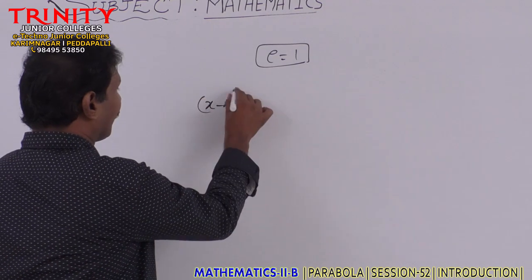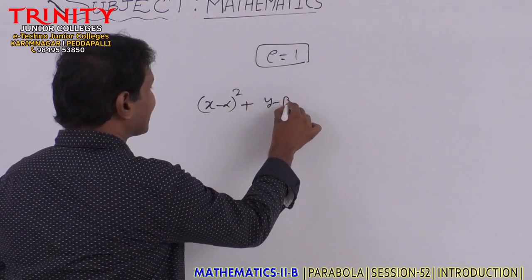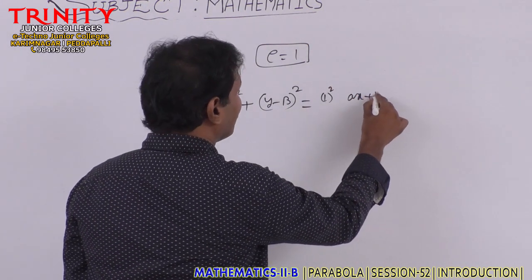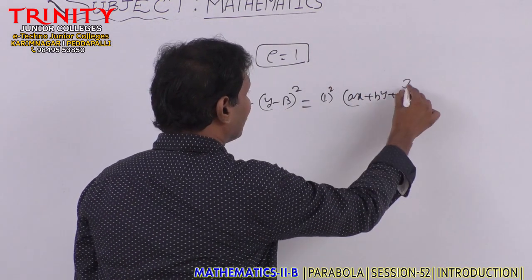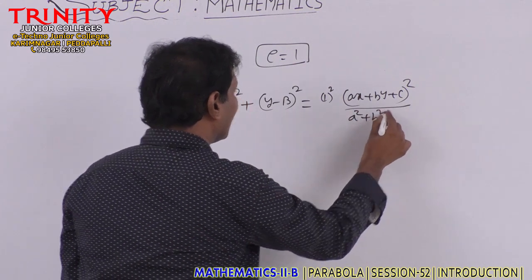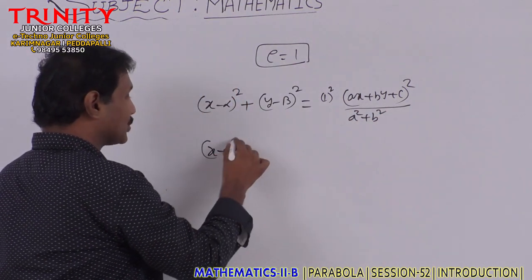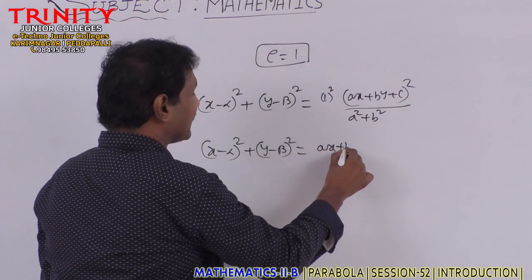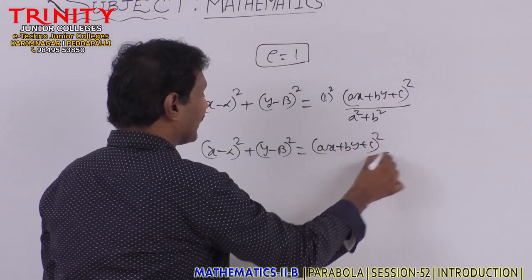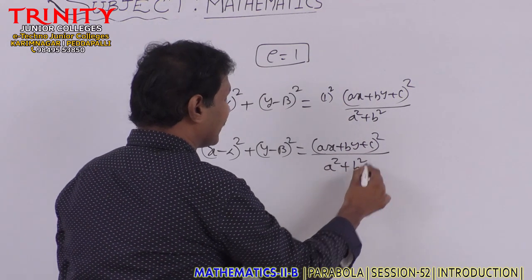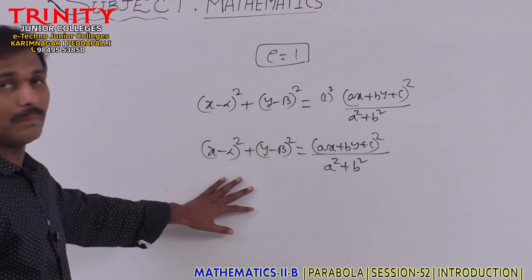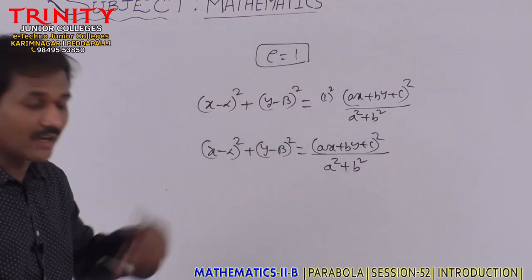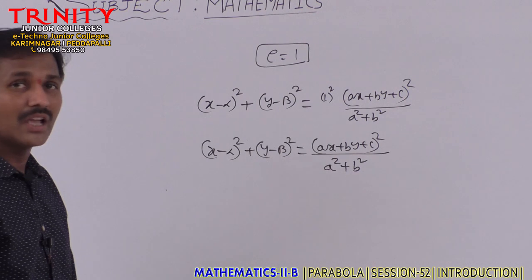Therefore, (x - alpha)^2 + (y - beta)^2 = 1^2 (ax + by + c)^2 by (a^2 + b^2), that is (x - alpha)^2 + (y - beta)^2 = (ax + by + c)^2 by (a^2 + b^2). This is the equation of the parabola. For e = 1, the conic becomes a parabola.